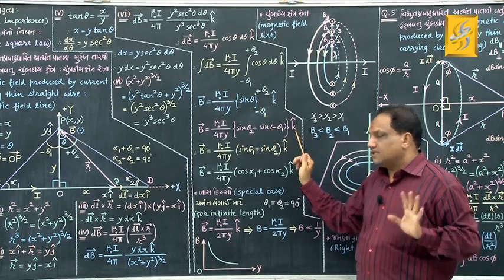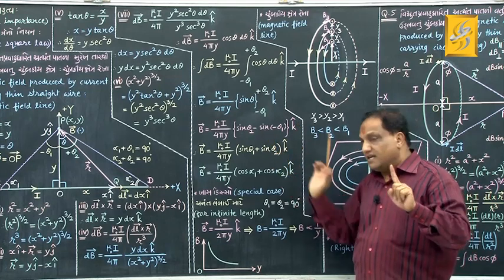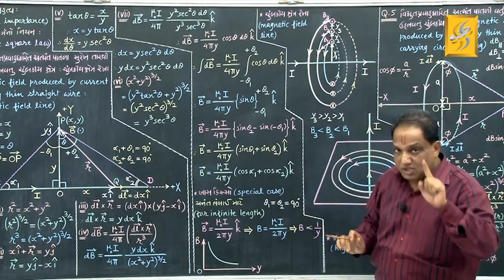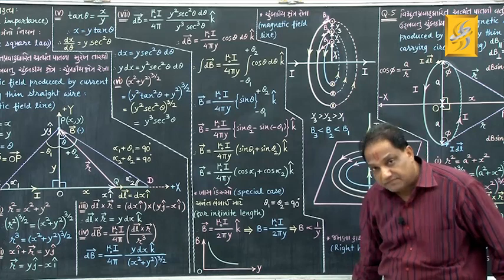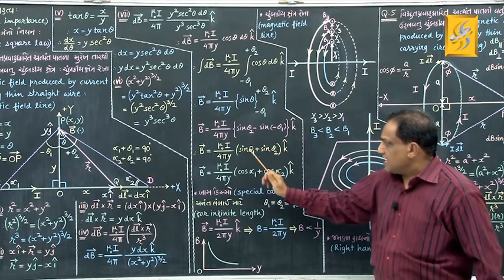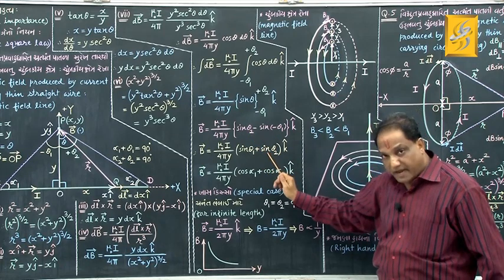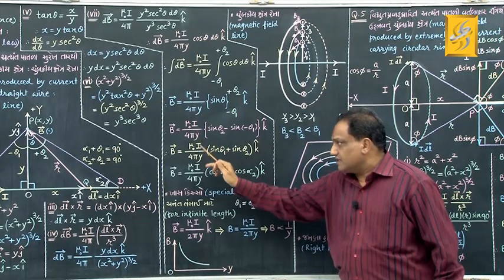This k hat as it is. Got it? And there is a formula in trigonometry, sine of minus theta is minus sine theta. So sine of minus theta 1 will be minus of sine theta 1, and that minus and this minus will become plus, giving you here sine theta 1 plus sine theta 2 in bracket, outside the bracket k hat as it is, and this term also as it is.